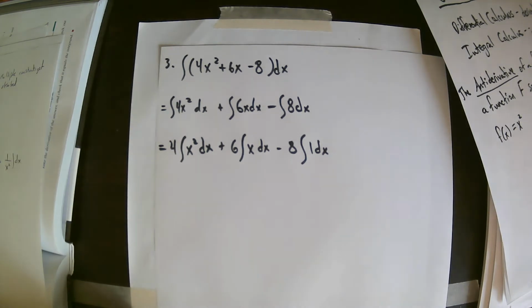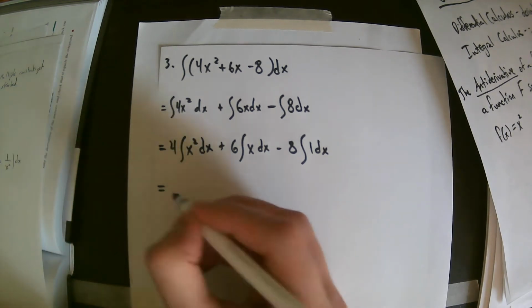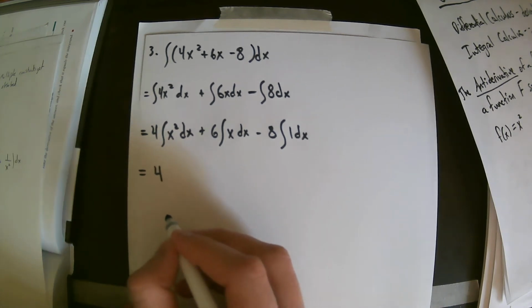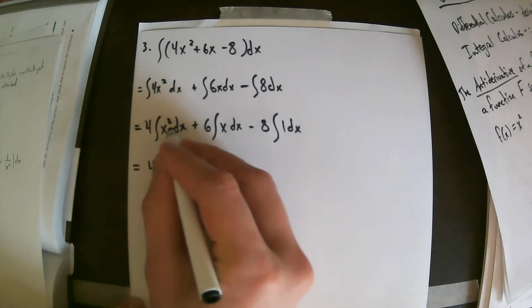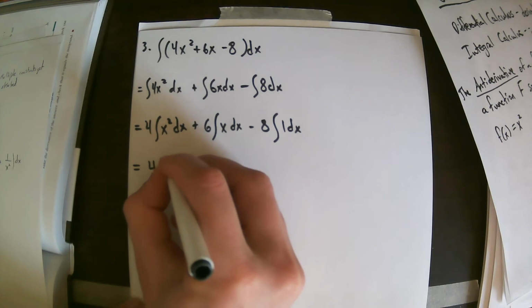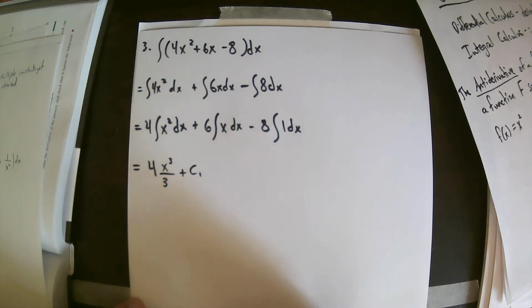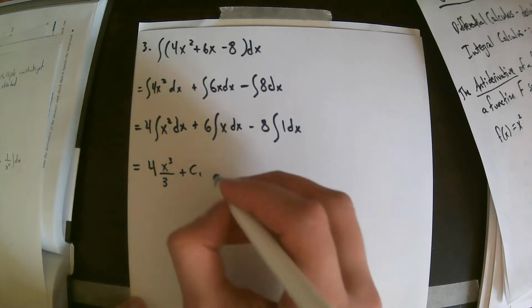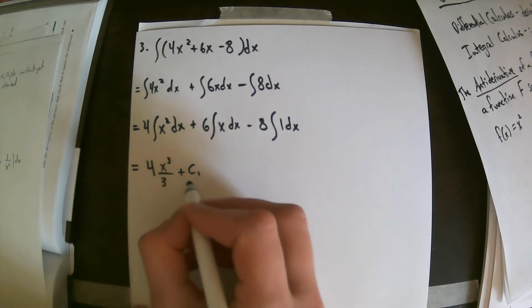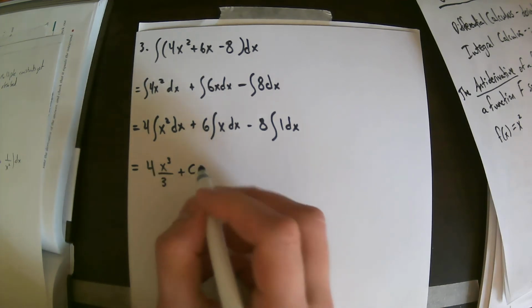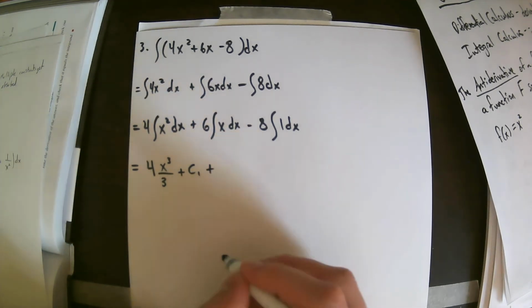Okay. Now I'll apply the power rule to each one of these. So 4 times the integral of x squared is going to be x cubed over 3 by the power rule, and then plus c1. I know that this 4 does technically get multiplied by this constant, but it doesn't matter. It will just absorb, so I don't need parentheses there.